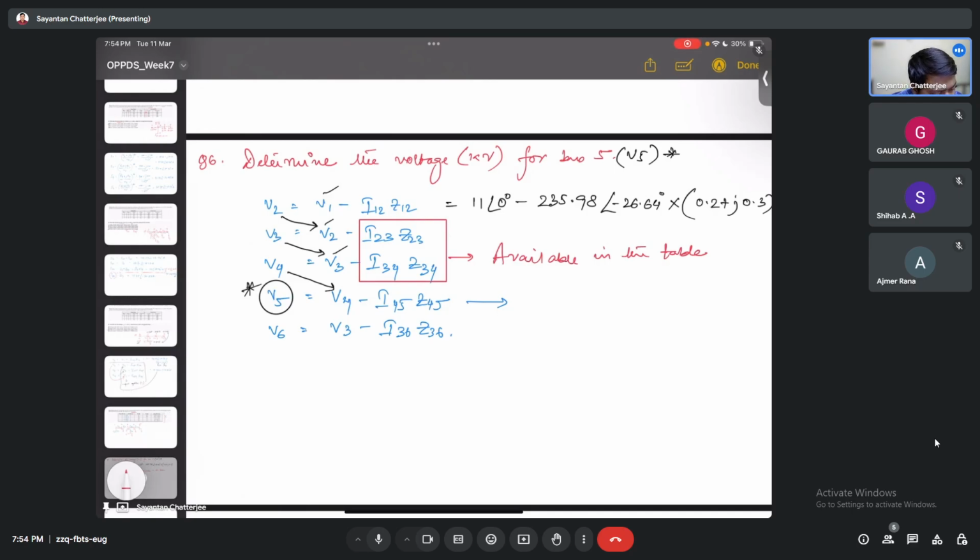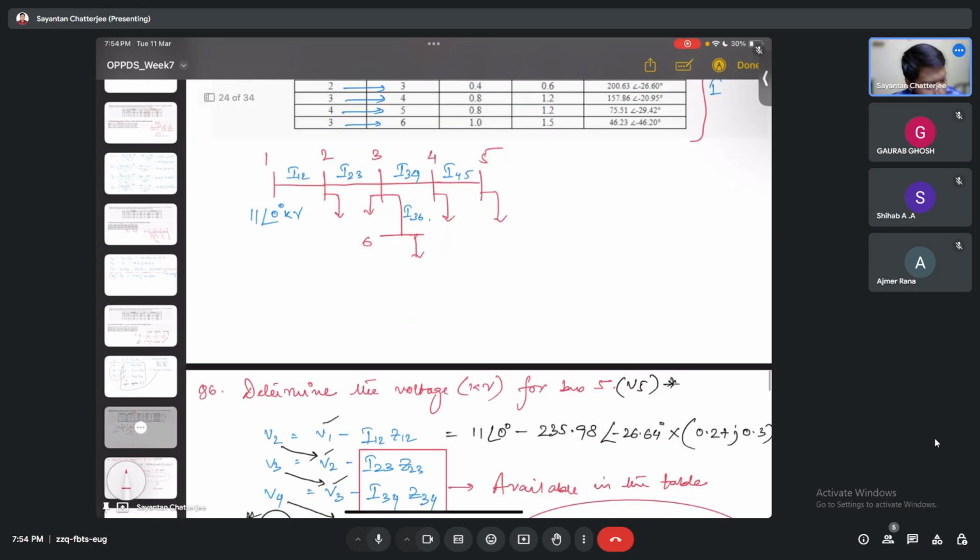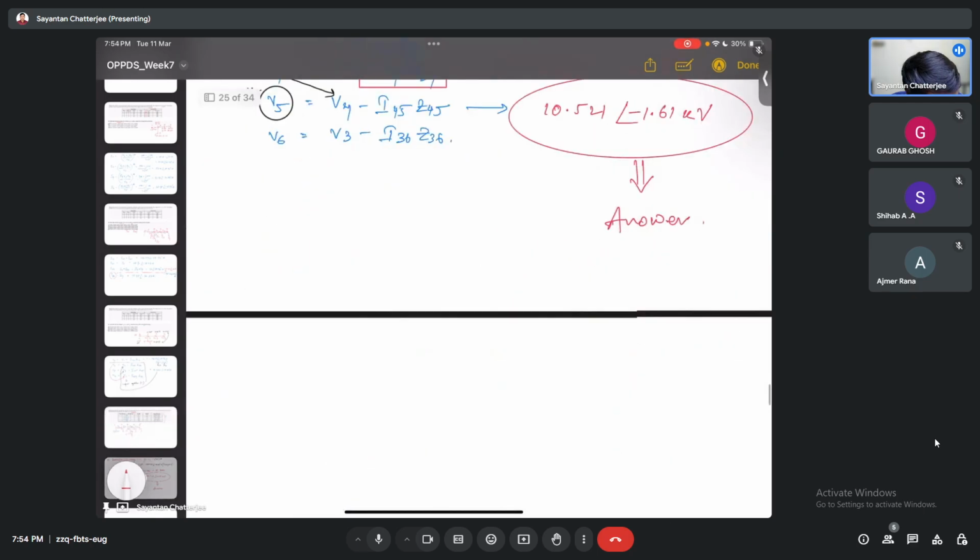Just compute the values, and V2 and V3 we are calculating step by step. Every step we are getting one value. So the final value of V5 is 10.521 angle minus 1.61 kV. So this is the final answer of 6.